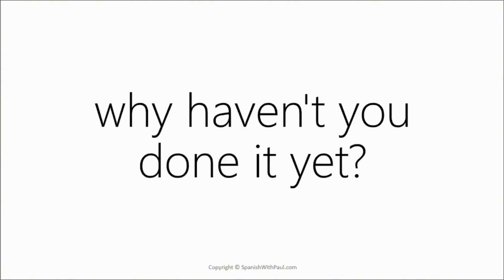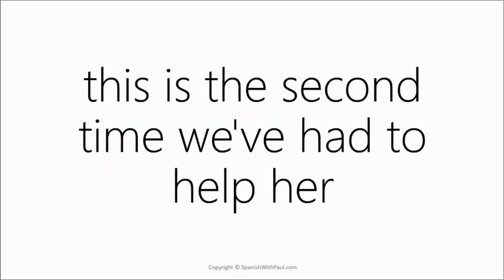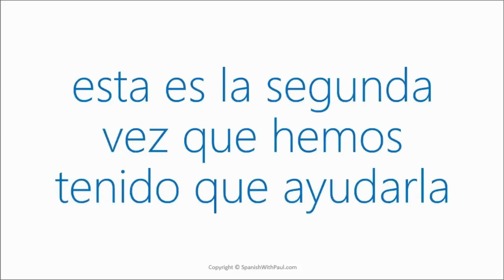Why haven't you done it yet? ¿Por qué no lo has hecho todavía? This is the second time we've had to help her. Esta es la segunda vez que hemos tenido que ayudarla.